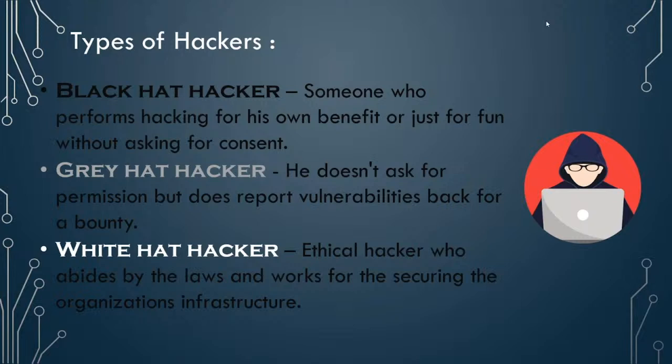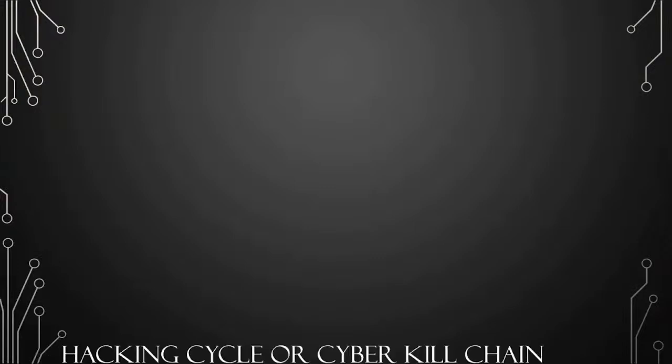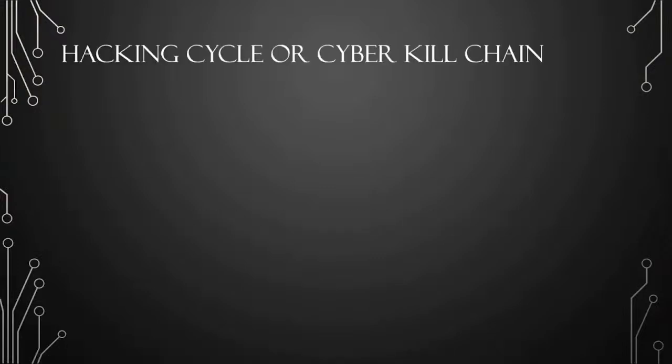Now, all these three types of hackers, whether black hat, gray hat, or white hat, perform hacking or ethical hacking in a certain number of steps. They follow a systematic procedure, which is known in simple terms as the hacking cycle or cyber kill chain. Various organizations categorize these steps into various numbers, but if I had to summarize it, there are 5 important steps in the hacking cycle or cyber kill chain.